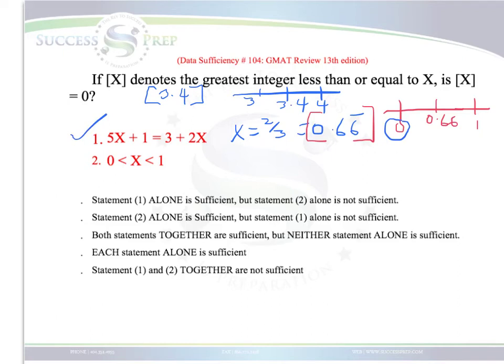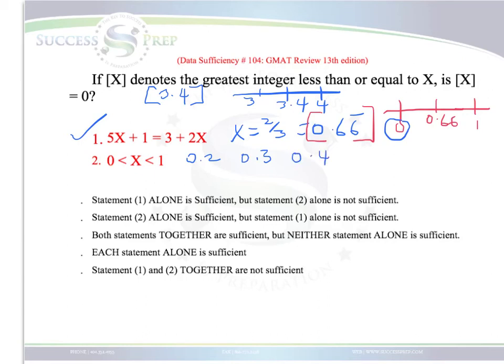If you look at statement 2, let's look at the types of values we can find in this range. The kinds of values we will find in this range are very similar to the types we found up top. It's going to be like 0.2, 0.3, 0.4.